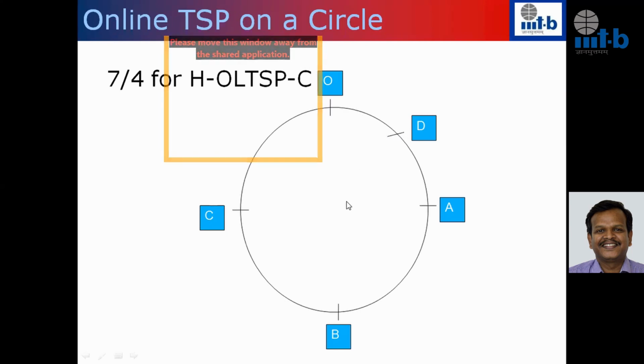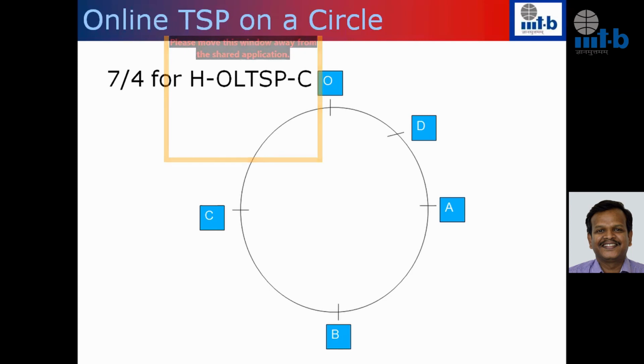What I'm going to do now is produce a sequence of requests for which any online algorithm would lose a factor of 7 by 4. When we start with the online algorithm at the origin, it has two options: move in the clockwise direction or anti-clockwise direction.